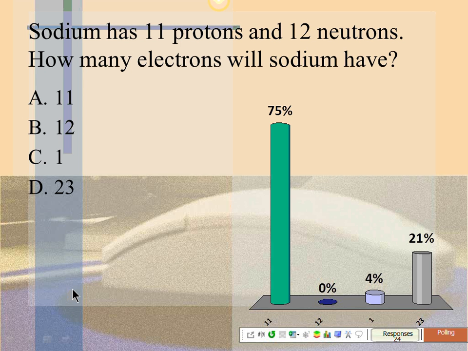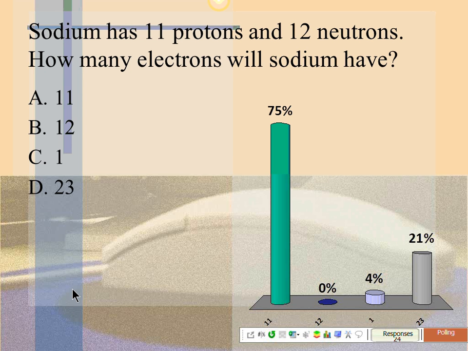Very good. That's the correct answer. If it's electrically neutral, the number of protons and number of electrons will be the same. So if you know that it has 11 protons, don't get thrown off by any other numbers that get put into the equation. So 11 protons means in order to be electrically neutral, it has to have 11 electrons.